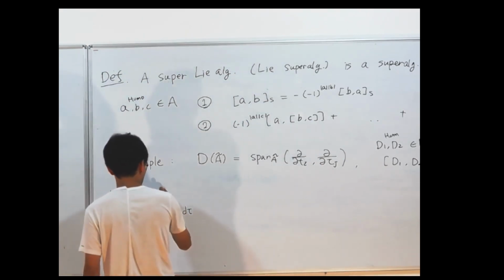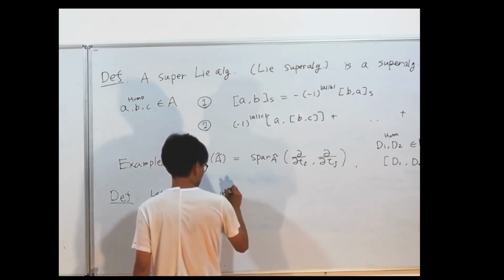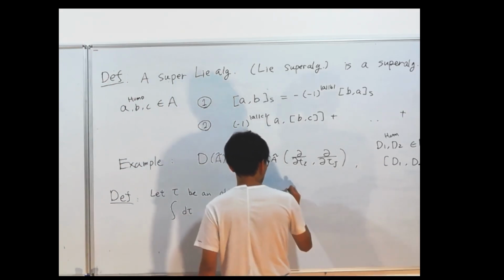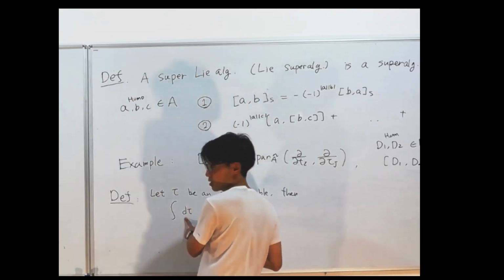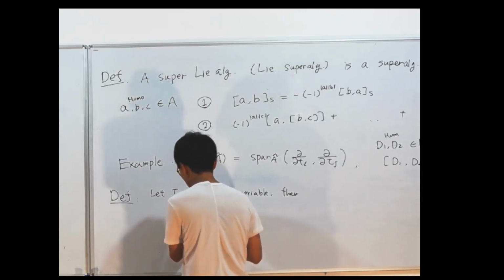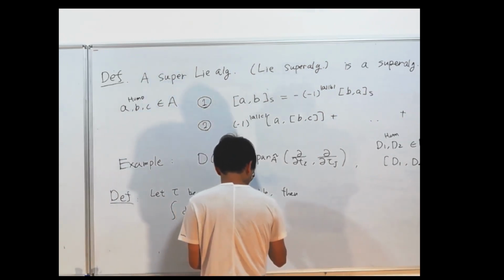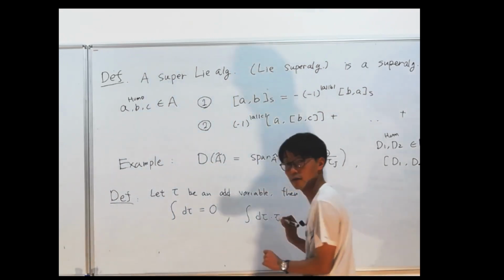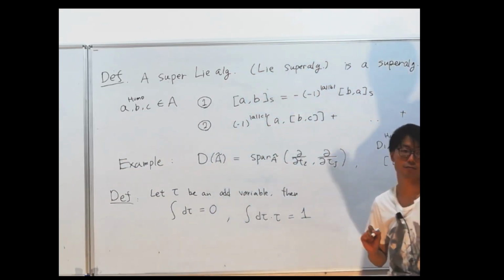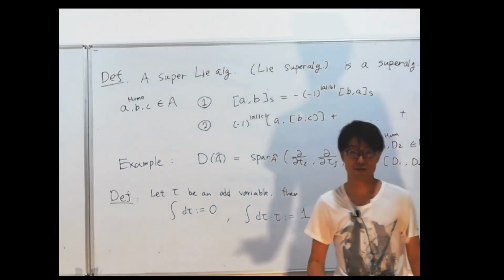So let tau be an odd variable. Then the integral of d tau is defined to be 0 formally. And the integral of tau d tau is defined to be 1. This is the definition of this sign.